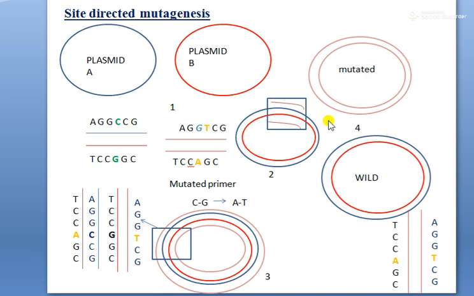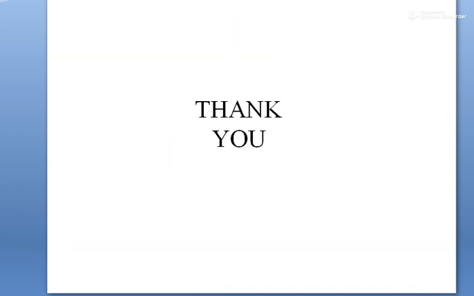So look at this mutant DNA. The small fragment of this mutant DNA matches these fragments. The sequence is like that, and the changed positions are the A position and the T position. So it is a mutant type of DNA. This mutagenesis process is site specific. That's why this process is termed site directed mutagenesis. Hope this video will help you. Thank you so much.